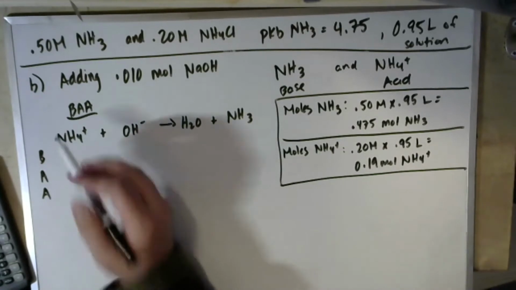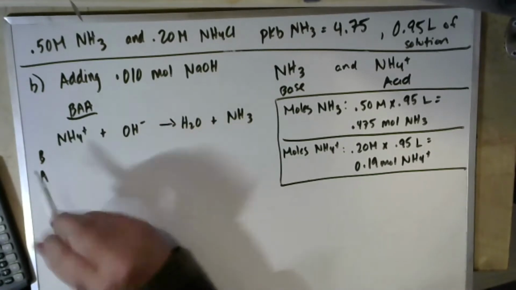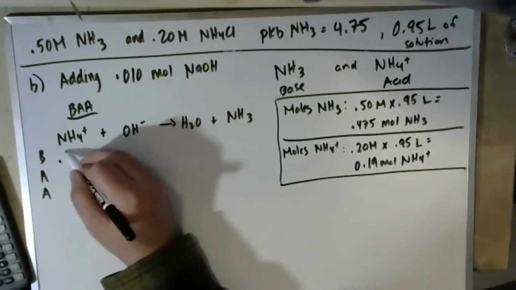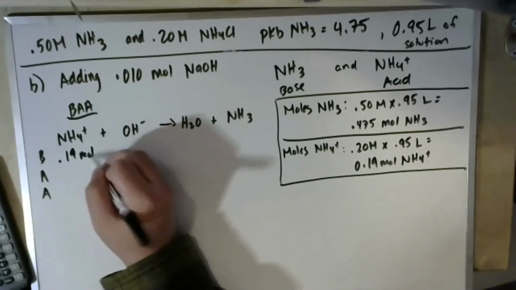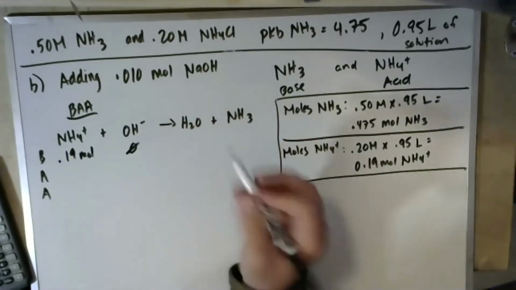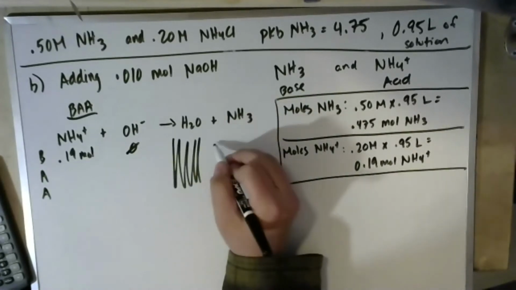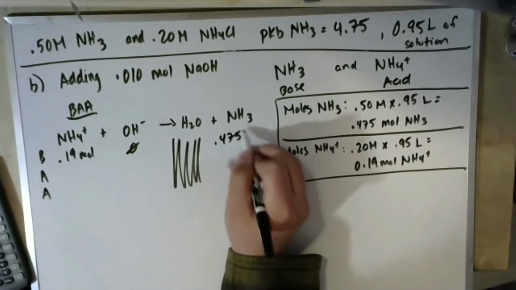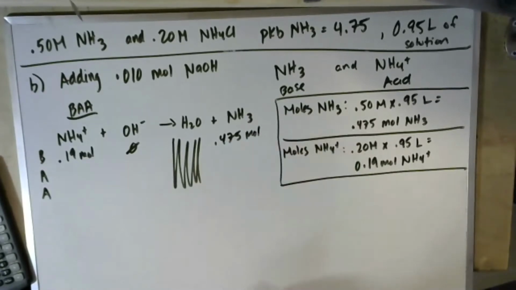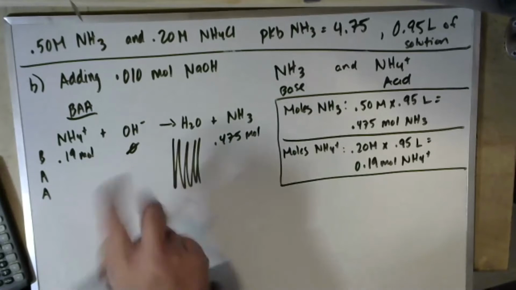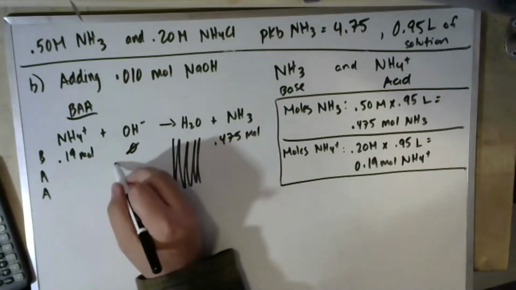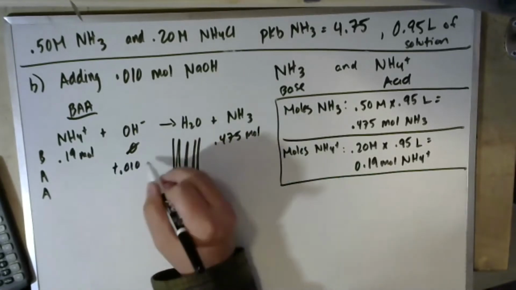So before I add anything, I'm going to have 0.19 moles of my NH4 plus, no OH minus, water doesn't count, and I'm going to have 0.475 moles of the NH3. Then I'm going to add my 0.010 moles of the OH minus.